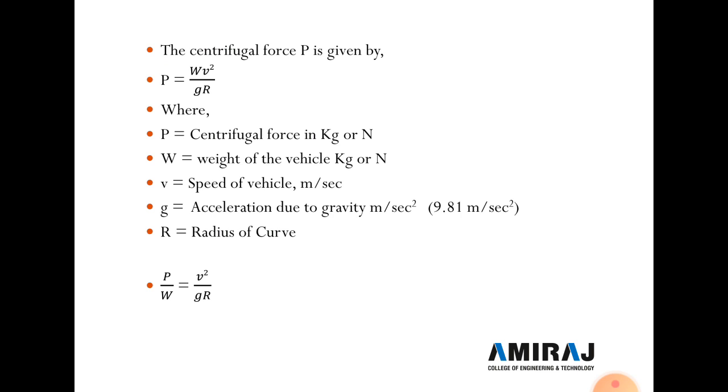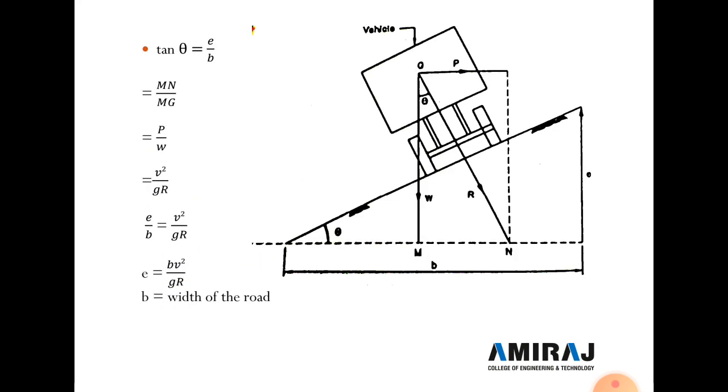W is the weight of the vehicle in kg or Newton, V is the speed of the vehicle in meters per second, and G is the acceleration due to gravity, generally 9.81 meters per second square. R is the radius of curvature. So P by W is equal to V square divided by GR.